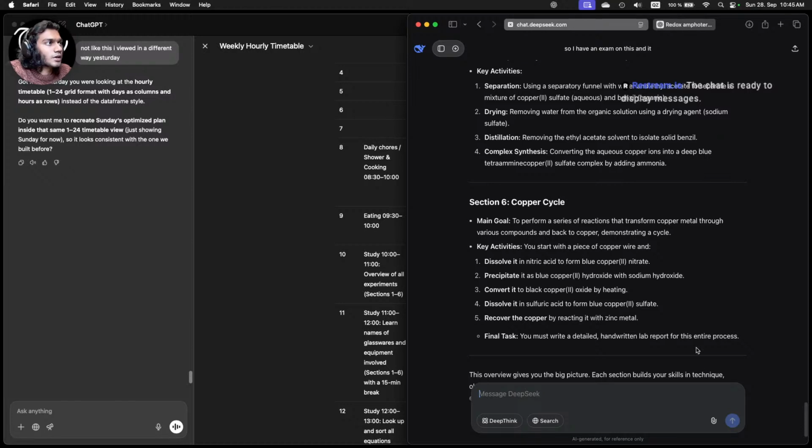Dissolve it in sulfuric acid to form blue copper(II) sulfate.